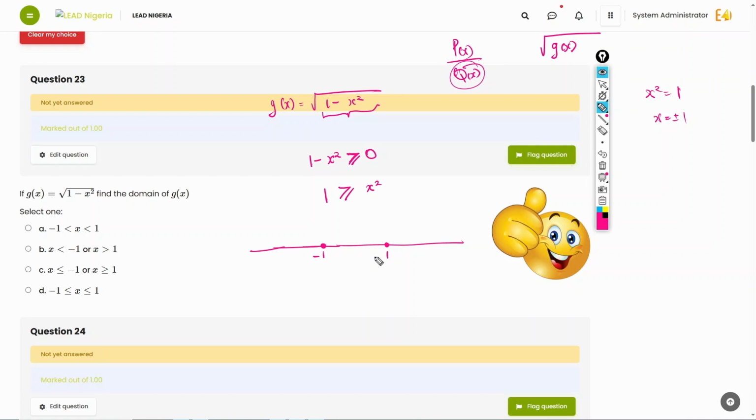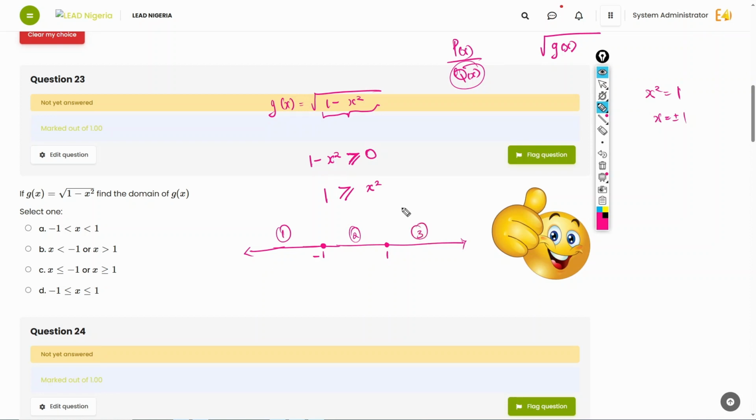Then I would test between the solutions to see which ones satisfy the relationship. So there are 3 spaces I have: space 1 is less than minus 1, this is space 2, and this is space 3.